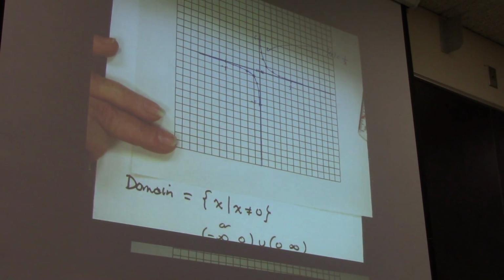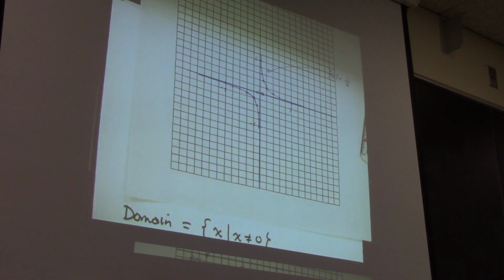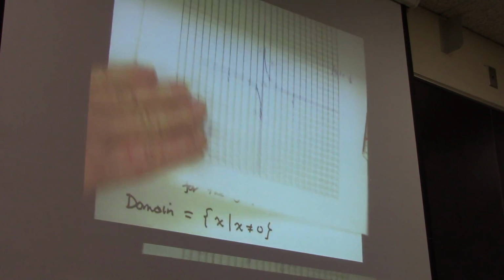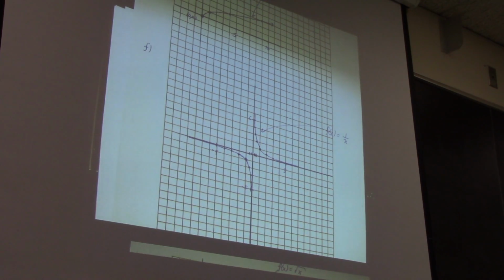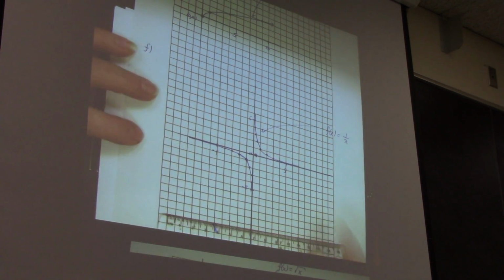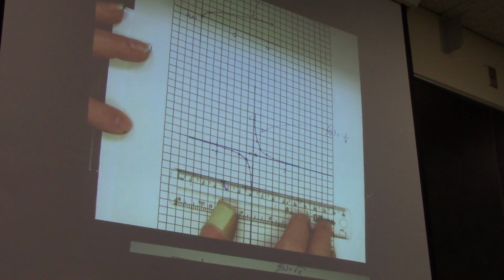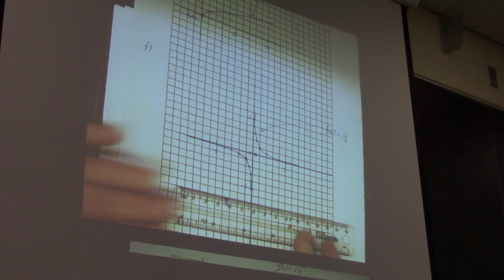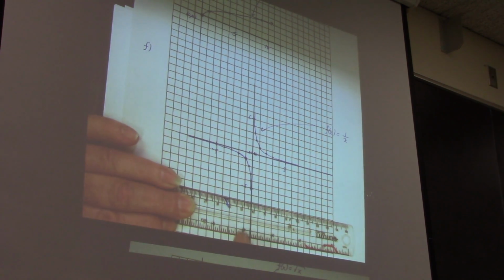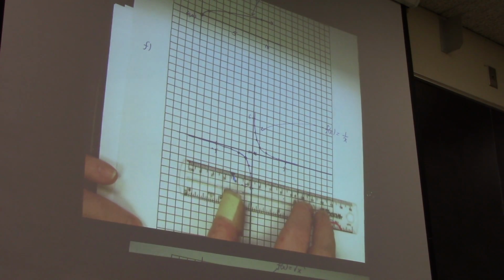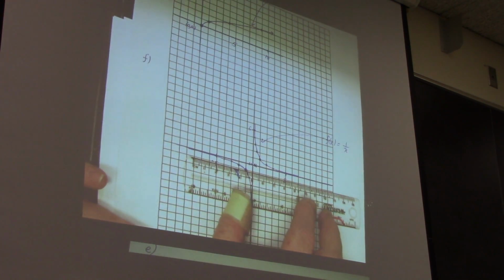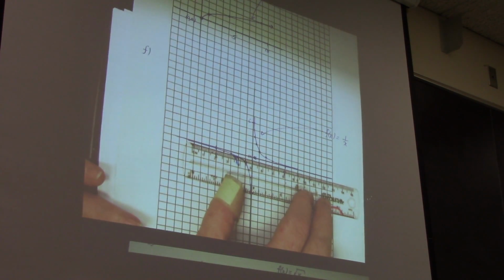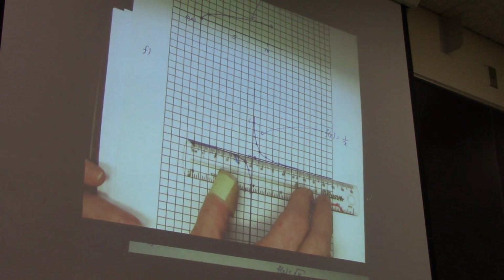Now, the range of this function we could not see from the equation, but we can see it from the graph. So, are these y values in the graph? Like y equals -7, is it in the graph? Yes, because this keeps getting smaller and smaller. Is y equals -1 in the range? Yes. Is y equals -1/2 in the range? Yes. Is y equals -1/100th in the range?